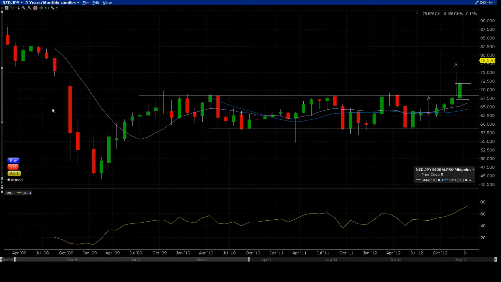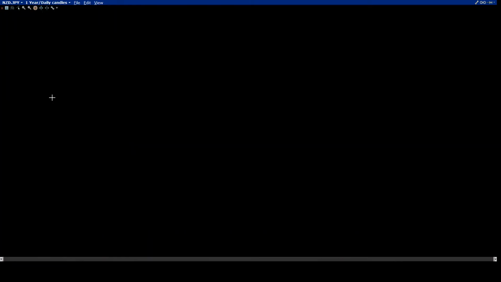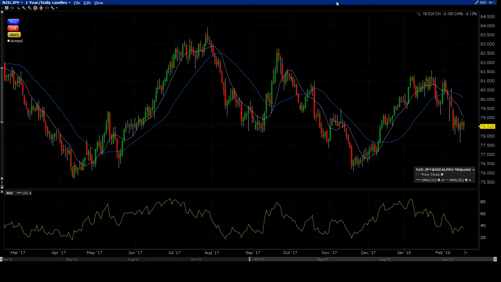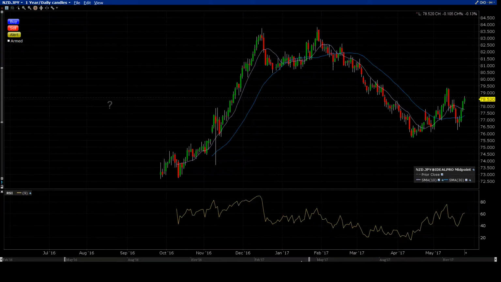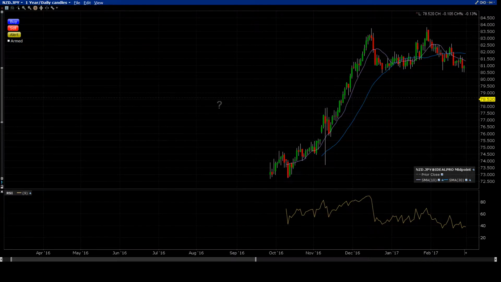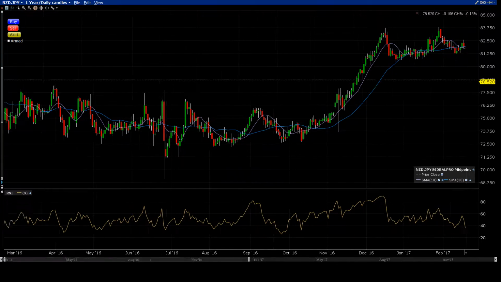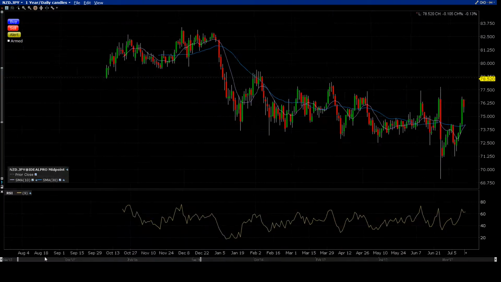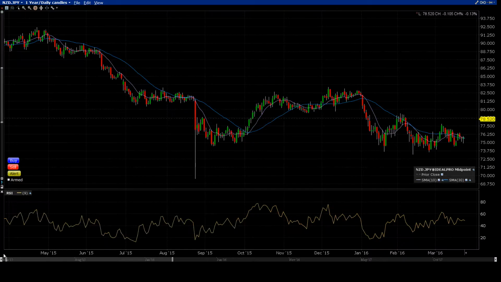Let's go look. Let's drill down. 1 year daily. Scoot over my chart. Zoom, zoom, zoom. Wow, 10 years of data is far, right? Or am I not there yet?